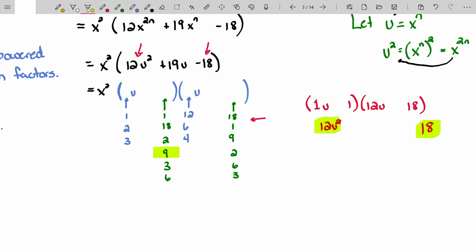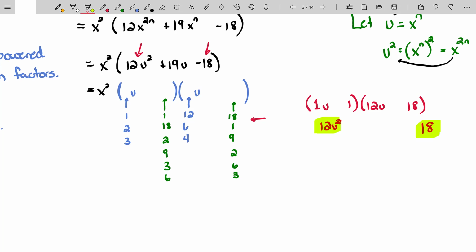And likewise, 9 times 2, always 18. 3 times 6, always 18. So we've already set this up to where the product of the first two terms in each of those binomials is going to be 12u squared. And we've set this up to where the product of the constants will always be an 18. So that is no longer a concern.